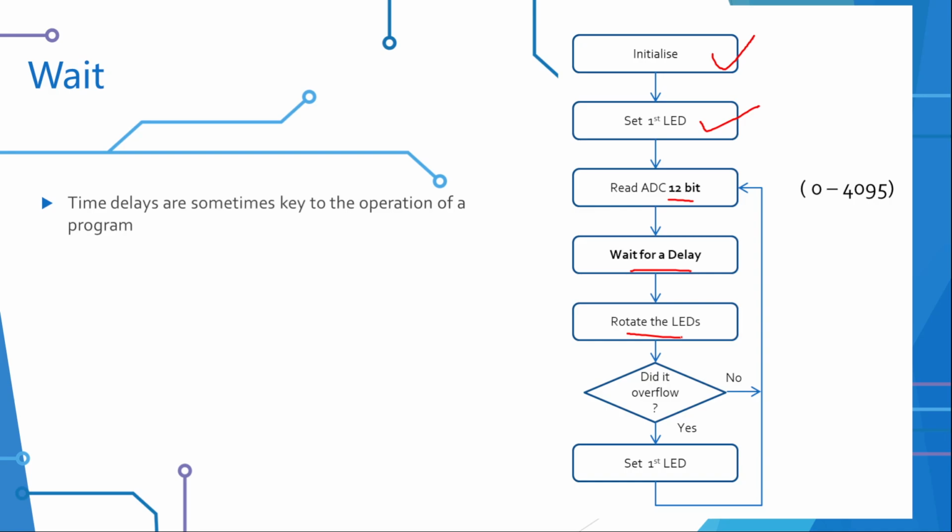It will either continue to rotate, going around here until it does overflow, and I'll explain overflow in a moment, and then it will come back, reset the first LED, and do it all again. So it's a very simple flow.